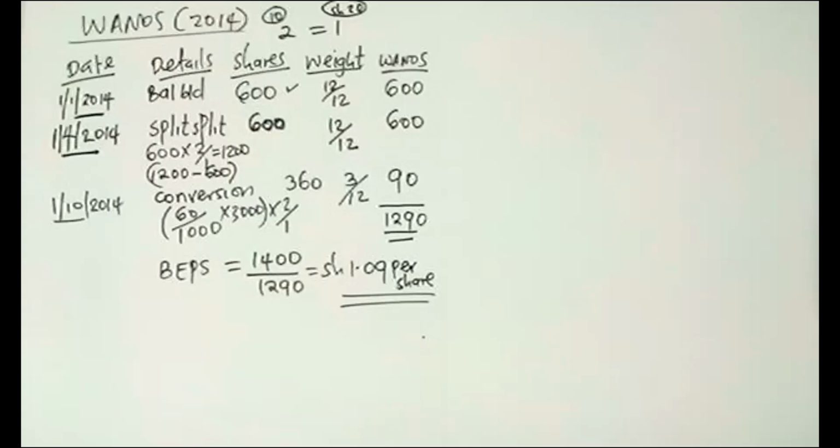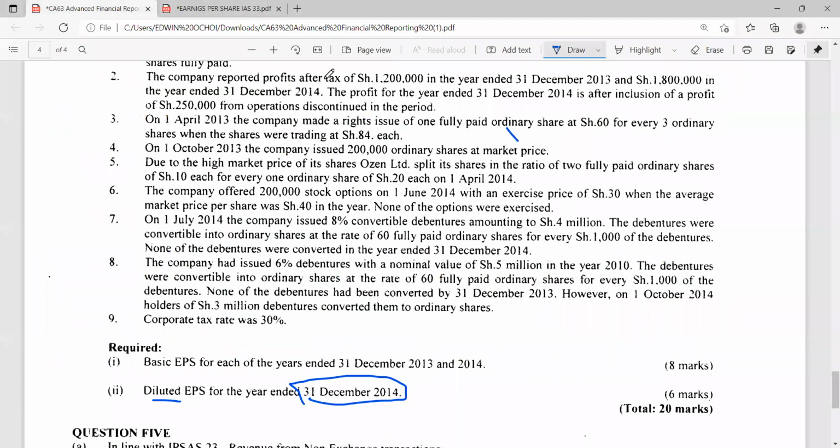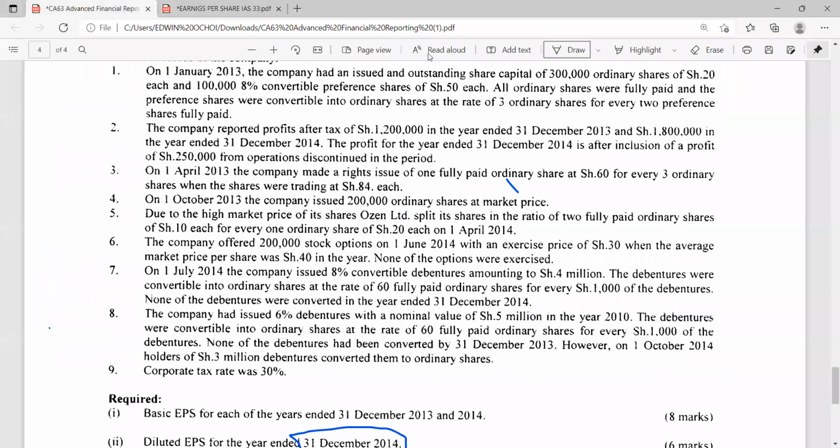So in my question, we have those potential securities to be used. Which are those potential securities to be used here? We have the one in note 1, convertible preference shares. Because I said under diluted, we use potential securities, the ones which are convertible to ordinary shares.